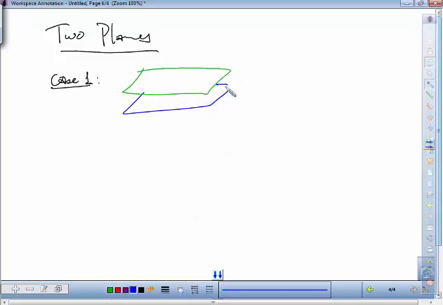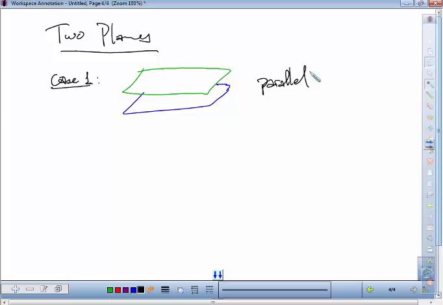parallel planes. So what has to happen if the two planes are parallel? What can you say about some of the interesting aspects of their equations? Normal vectors don't have to be exactly the same, but same direction, scalar multiple of each other, parallel.